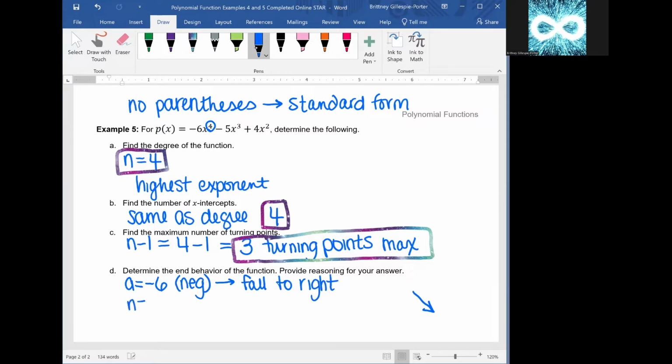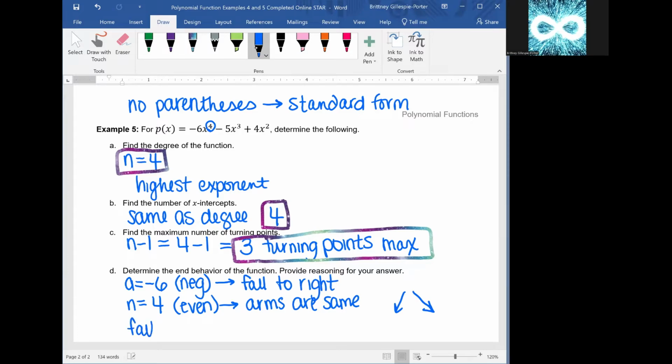Our degree is 4, and 4 is even. And that means that our arms are the same because they are even on both sides. When it's odd, they go opposite. So if the arms are the same and the right is already falling, the left has to go down too.